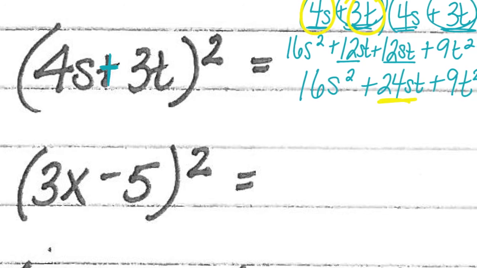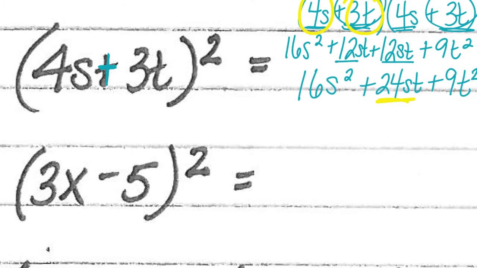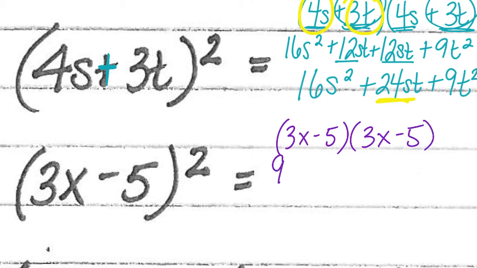(3x minus 5) quantity squared. Again, we're taking this times itself, and we're going to do first terms. 3x times 3x is 9x squared. Outer terms, negative 15x. Inner terms, negative 15x.